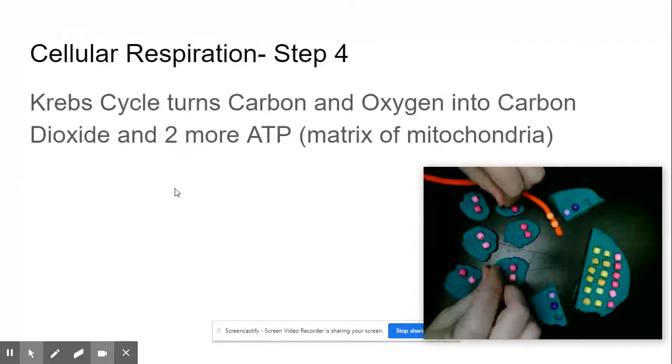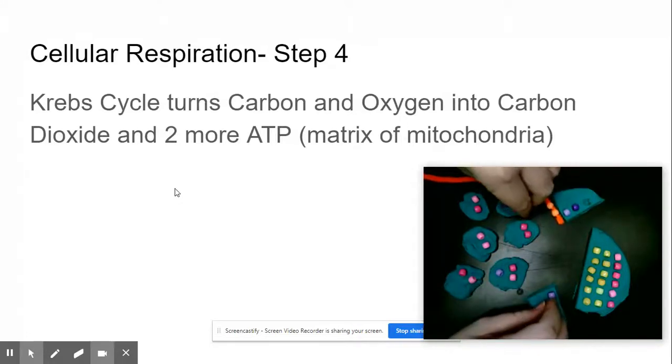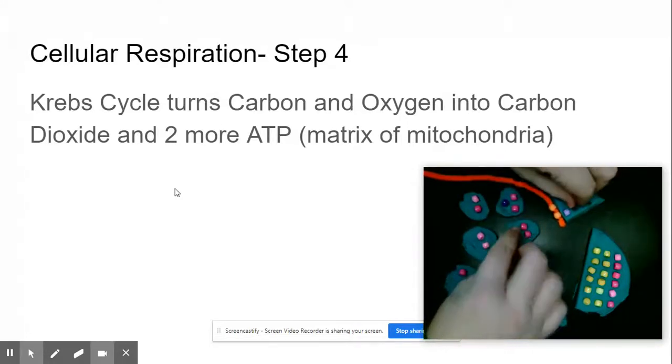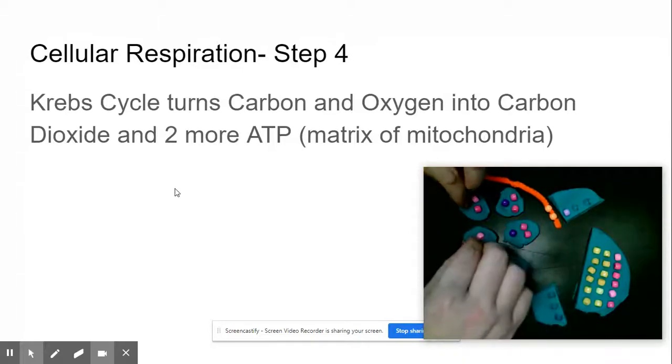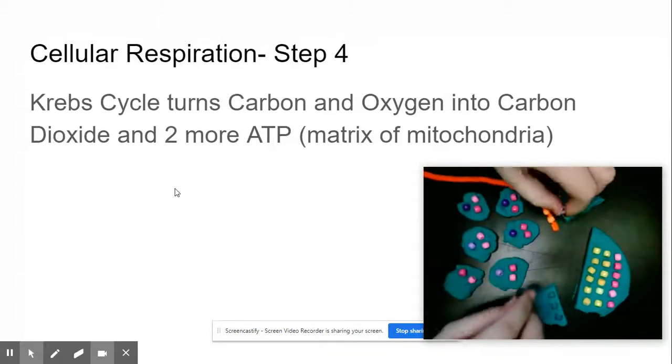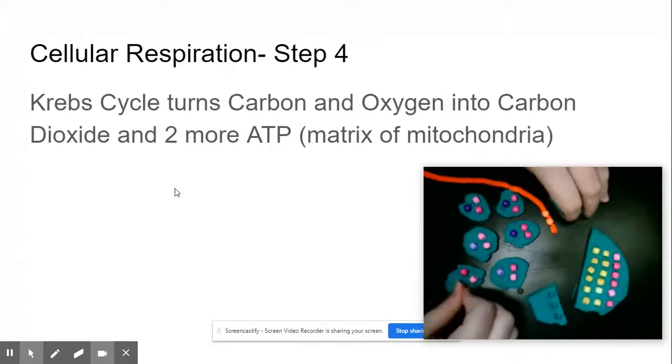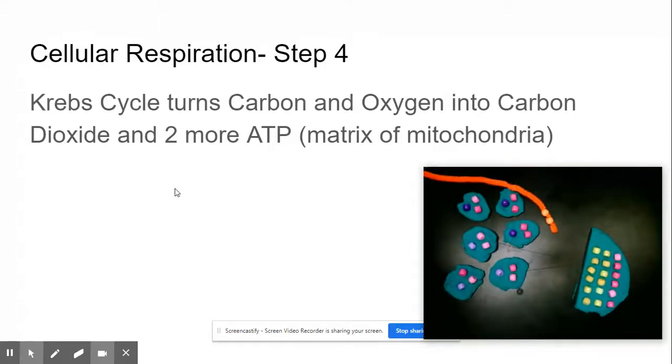So these guys, going to move right over here. And then I get 2 more beads of energy.